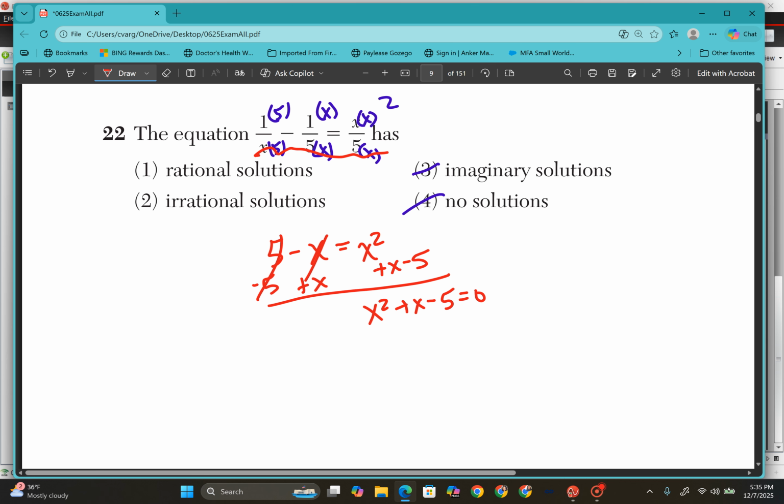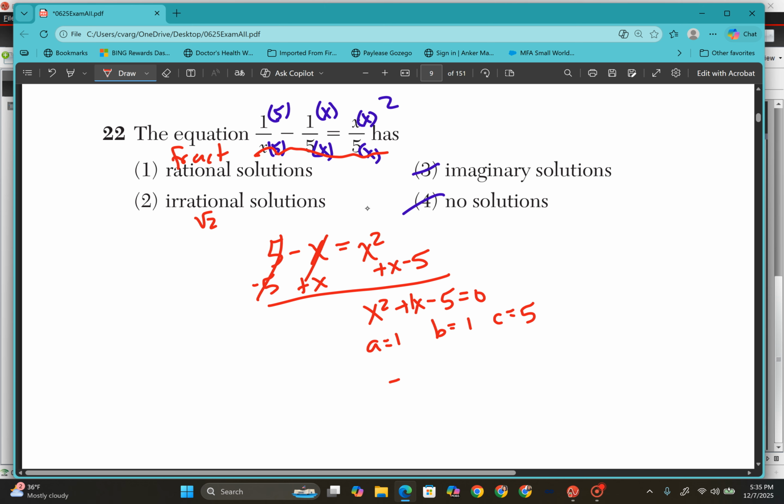Rational numbers are any numbers that can be written as a fraction. And irrational numbers are numbers like the square root of 2 or the square root of 3. They are numbers that keep on going with no pattern and they don't end. So you could do the quadratic formula here. Our A is 1, our B is 1, and our C is negative 5.